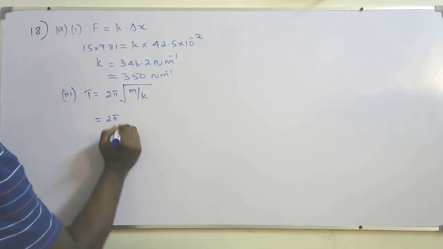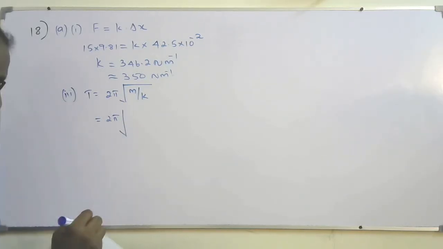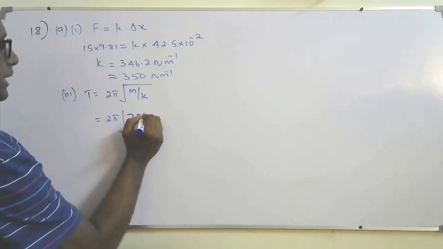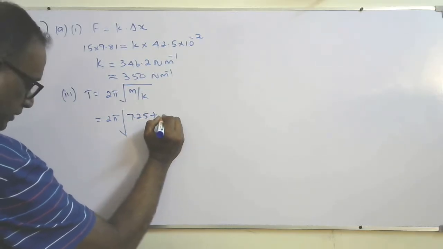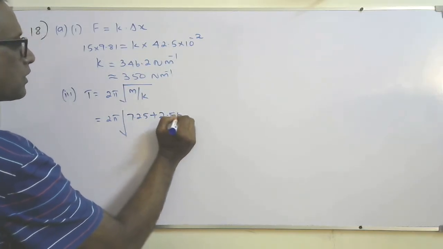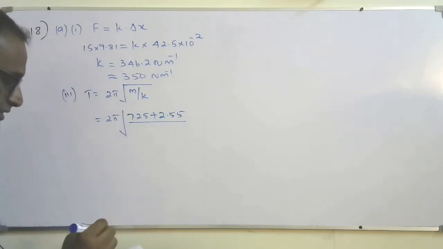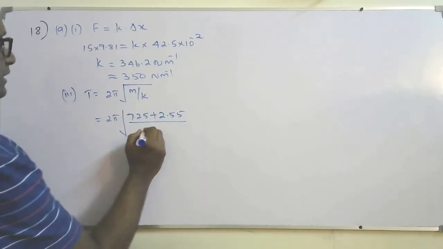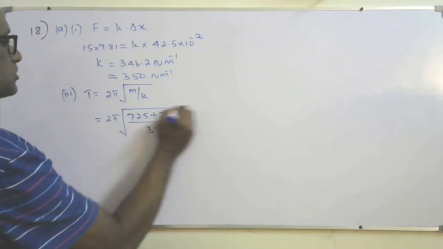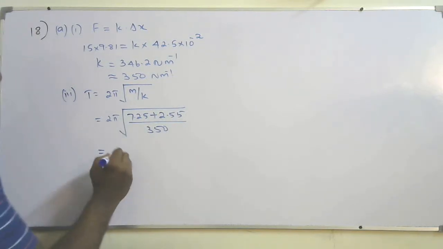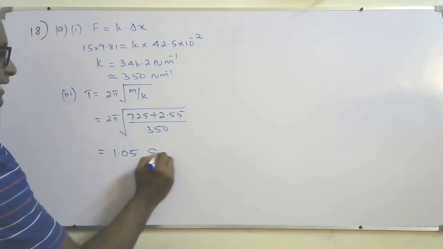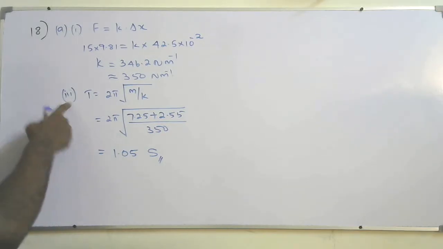So 2 pi square root of M, meaning the total mass, that will be the mass of the baby plus the mass of the crib, over the spring constant 350. So solve it, you will get the answer 1.05 seconds. That is the third part, A part.